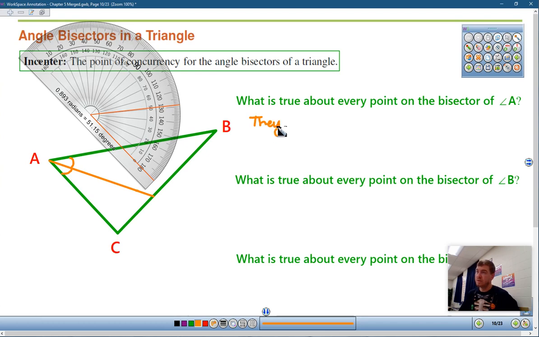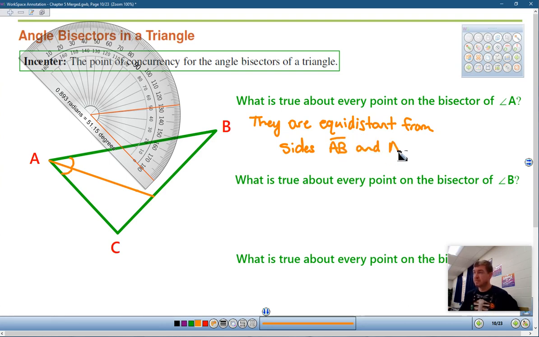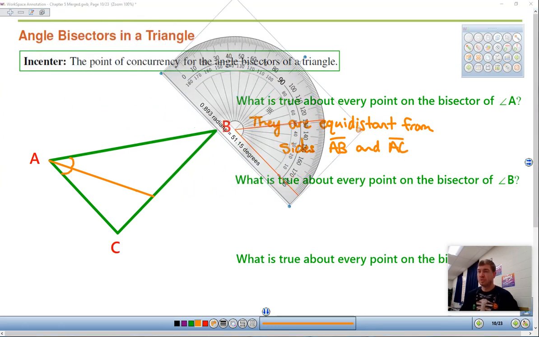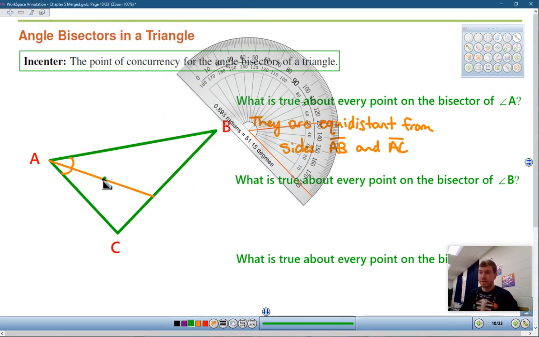They are equidistant from sides AB and AC. That's what's true. So if I picked a spot like right here, the distance perpendicularly right there would be the same as if I did it there. And that's really important to understand.